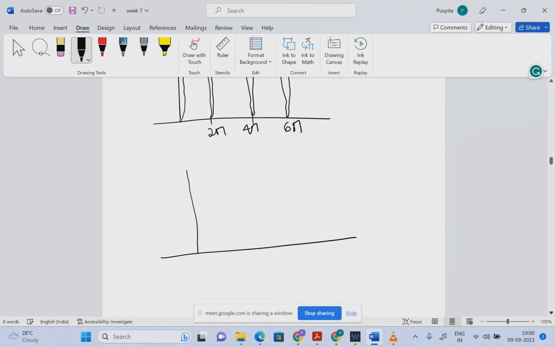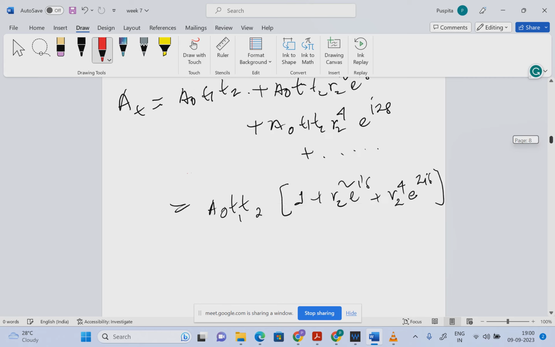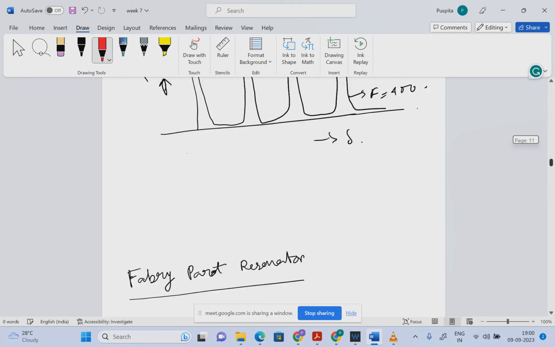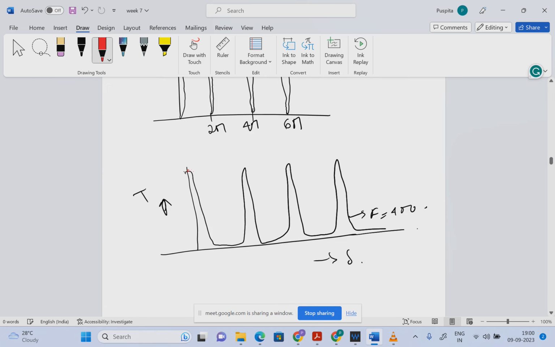Another thing I want to draw, that we have seen. If F is equal to 400 and F is reduced to 100, it will be like this.